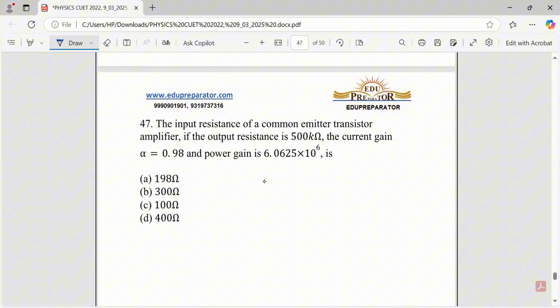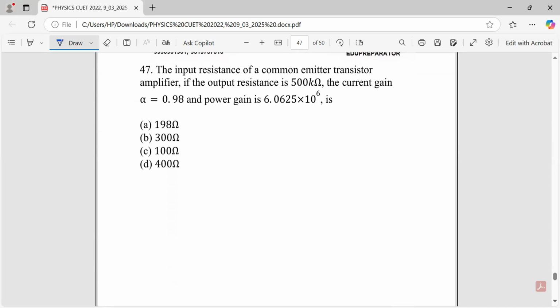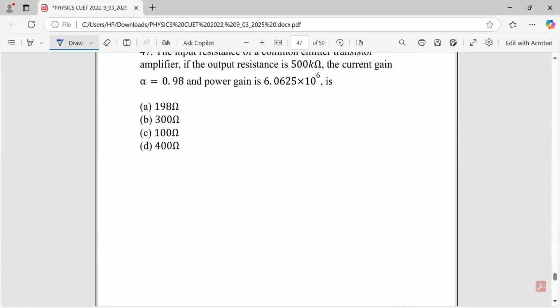Now the 47th question is not done by you in your class 12th CBSE syllabus. We mainly have two types of amplifiers, common emitter and common base. For common emitter we have the relation beta is equal to alpha upon 1 minus alpha.